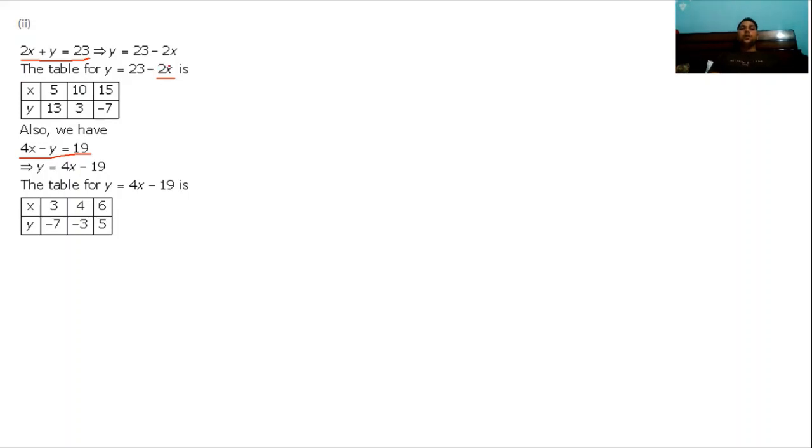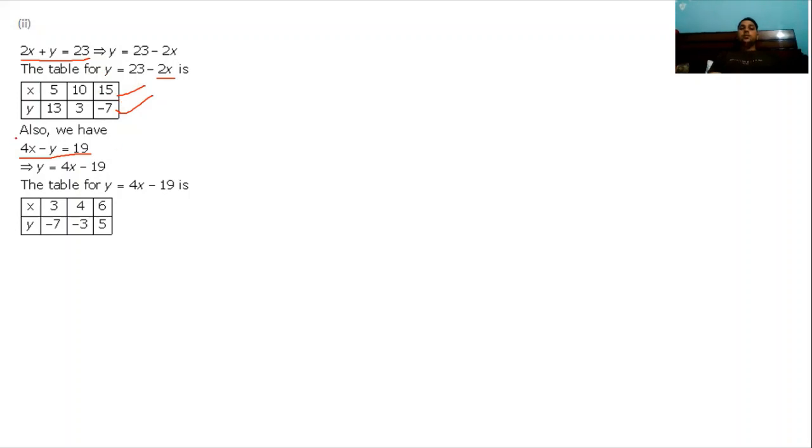Next value, when we put x is equal to 10, the value of y is equal to 3. So 2 multiplied by 10 will be 20, and 23 minus 20 will be equal to 3. Accordingly, when x is equal to 15, y is equal to minus 7. So we have the first table for the equation 2x plus y is equal to 23.